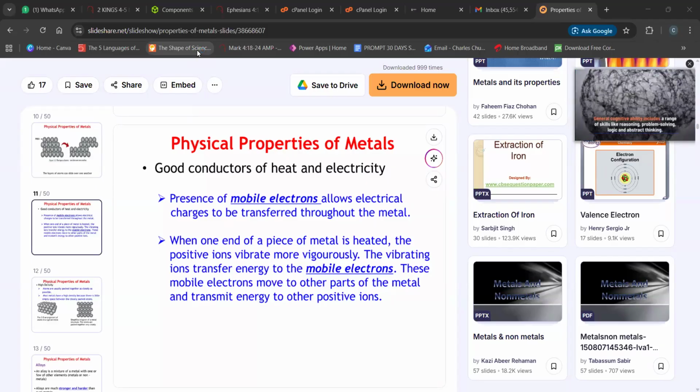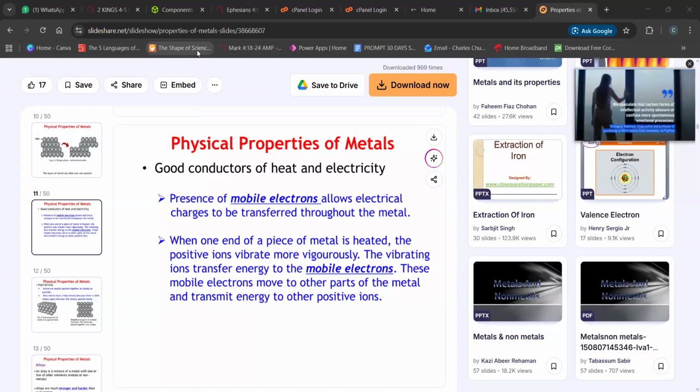So I was on about the physical properties of metals, and we were on the one that has to do with being good conductors of heat and electricity. I think this one is easy to explain. When you heat a metal, the atoms or ions closest to the source of heat will receive the heat energy and start vibrating.